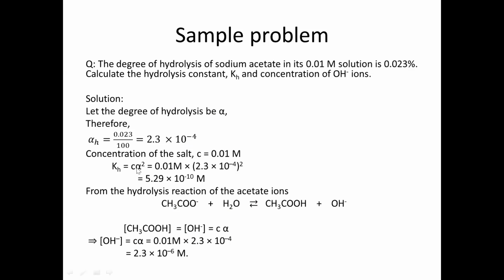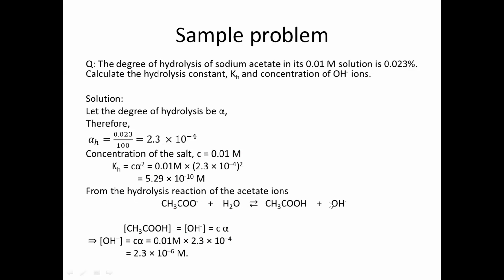Here we have assumed that alpha is very, very small compared to 1, which is a correct assumption, because in this case alpha has a value of the order of 10 to the power of minus 4, which is very well less than unity. So our assumption holds good here. So KH is equal to C alpha square. Putting the value of C and alpha, we get the value of KH to be equal to 5.29 into 10 raised to the power minus 10.